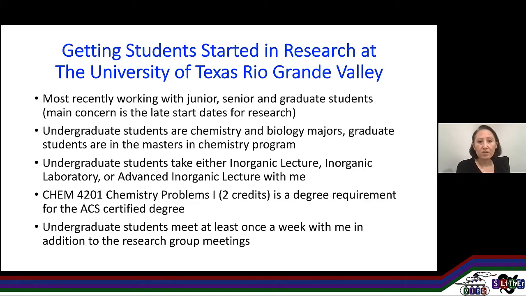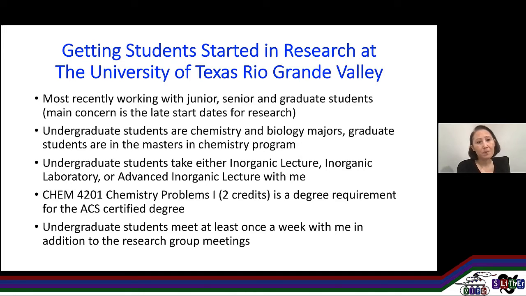So for our students, I have students from chemistry and also biology majors, particularly the pre-med students, and they wanted to do more medical related research in chemistry. I also mentor graduate students in the master's in chemistry program.